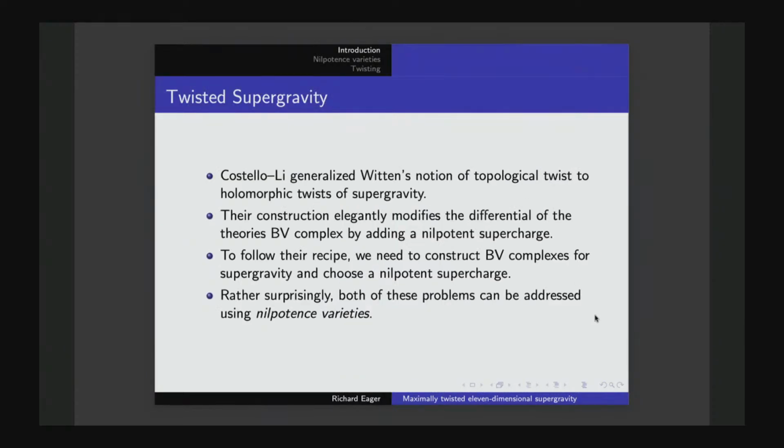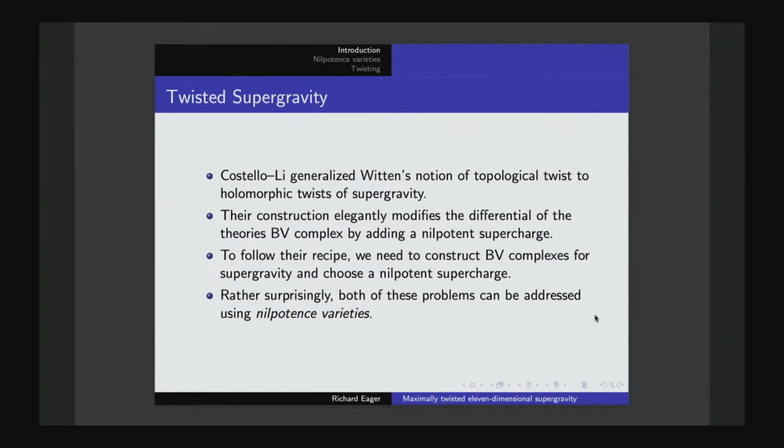And while twisting had been very broadly successful for supersymmetric gauge theories, for twisted supergravity, a couple of new innovations needed to be made. And the primary one I want to focus on is Costello and Lee's generalization of Witten's notion of a topological twist to holomorphic twists of supergravity and partial topological twists.